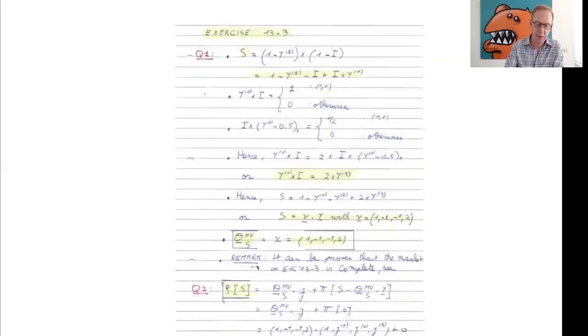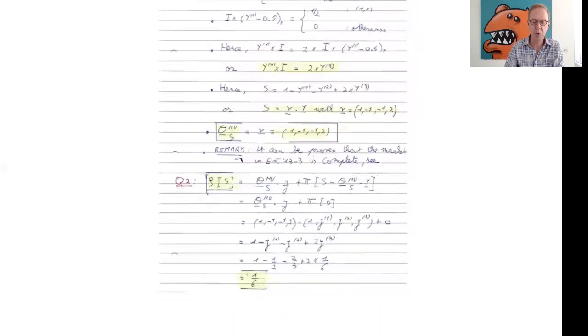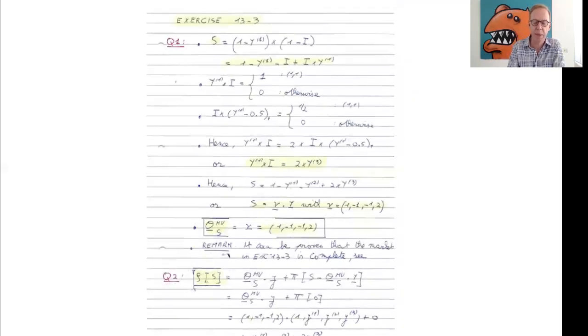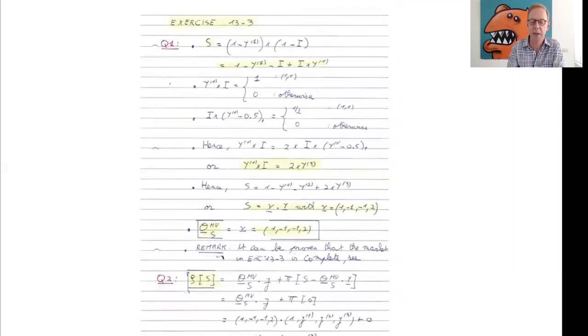The solution reads as follows. Rho of S is the time 0 price of the hedge plus pi of the hedging error, which is the mean variance hedge of S multiplied by Y plus pi of 0, because we see that the time 1 value of the mean variance hedge of S is indeed equal to S. We have seen that above.